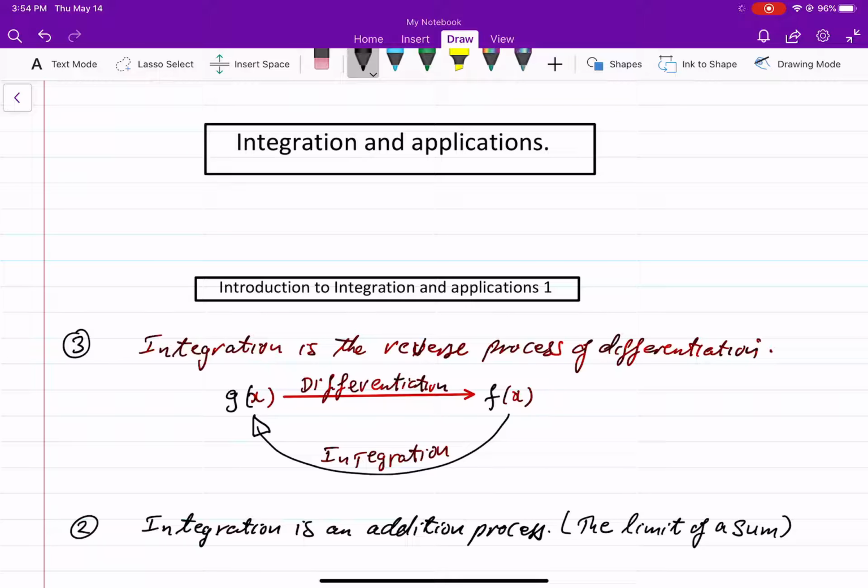In my Pure Math Unit 1 class, I know I'm working with students that are operating at different levels. Some didn't do Add Math, some did Add Math, some did Add Math but they're still not so good at it. Whatever the case is, these first 3 introductory videos to integration and applications are compulsory for both groups, the Add Math group and the Pure Math Unit 1 group.